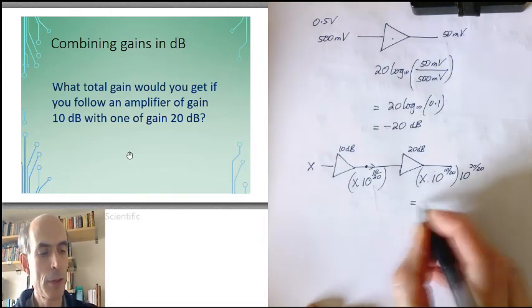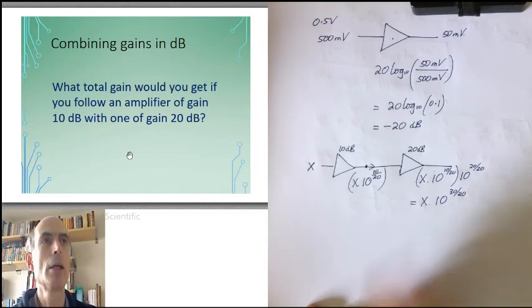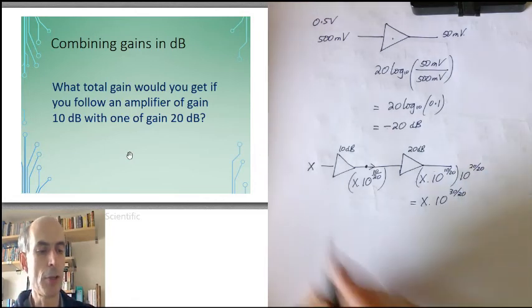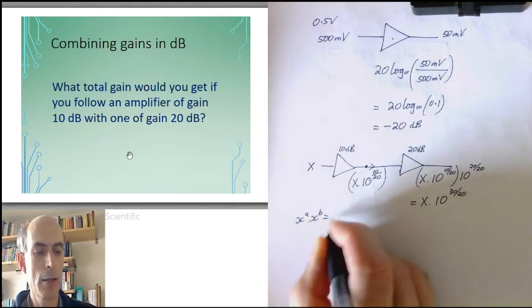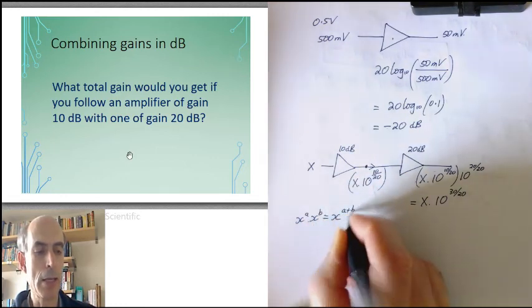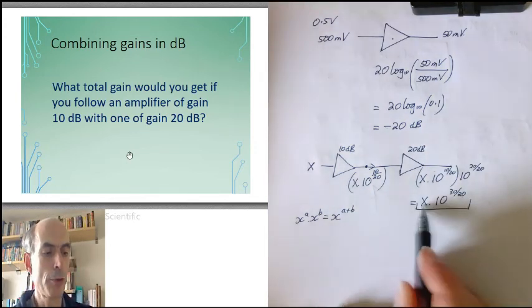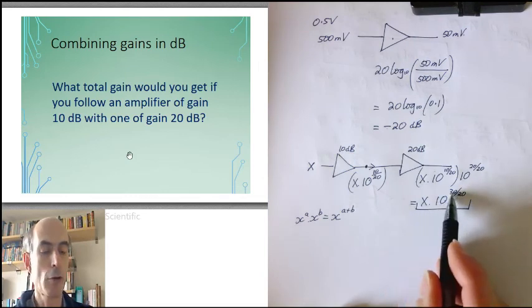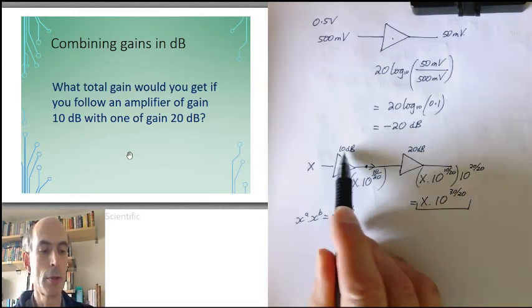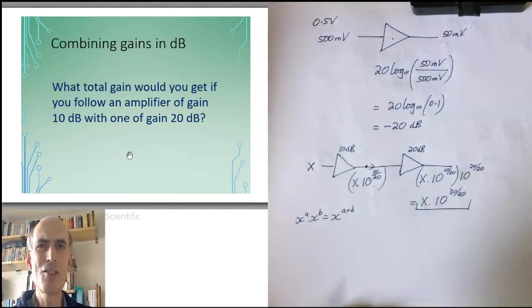And that is X times 10 to the power of 30 over 20, using the property of indices that x to the power of a times x to the power of b is x to the power of a plus b. But this is the output of an amplifier with a gain of 30 dBs, which is the sum of these two gains in dBs. And that is generally true.